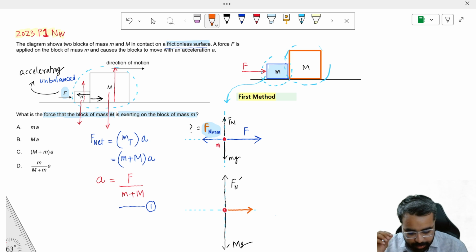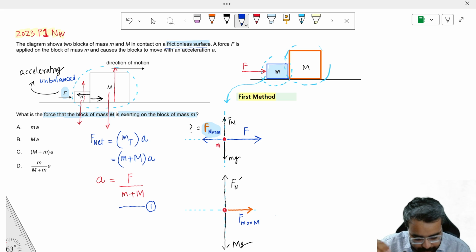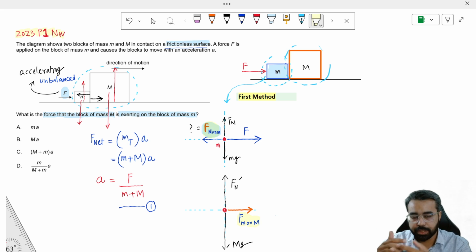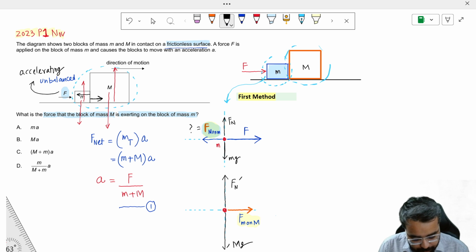Okay, students, this is the force exerted by the smaller block on the larger block, and I'm going to write it as F of small m on capital M. This is actually, in magnitude, the same force as this force, but you see the directions are opposite, and I'm talking about Newton's third law. Okay, now this is an unbalanced force, dear students. Can you apply Newton's second law right now?